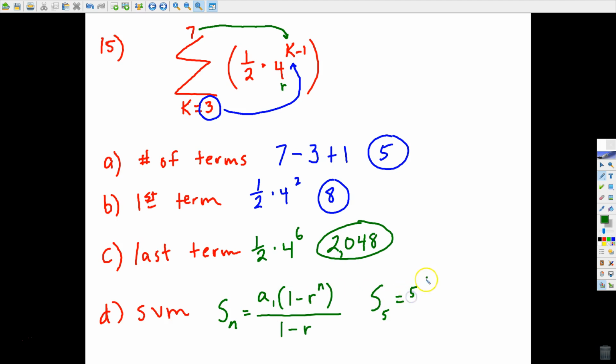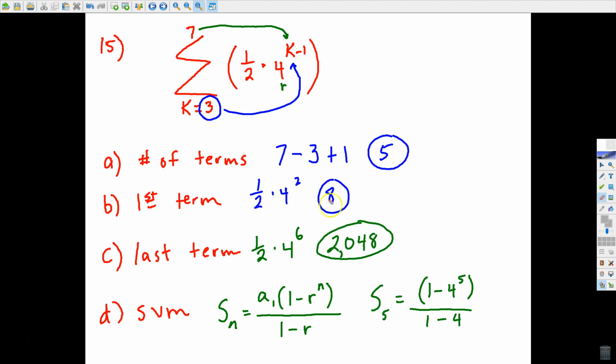So we can find the sum of these 5 terms pretty quickly. The first term of 5 multiplied times 1 minus 4 to the 5th divided by 1 minus 4. Okay, so grab your calculator. 5 parentheses 1 minus 4 to the 5th power, and then I would just divide by -3. And I just realized I used 5 as the first term, so I'm sorry about that.